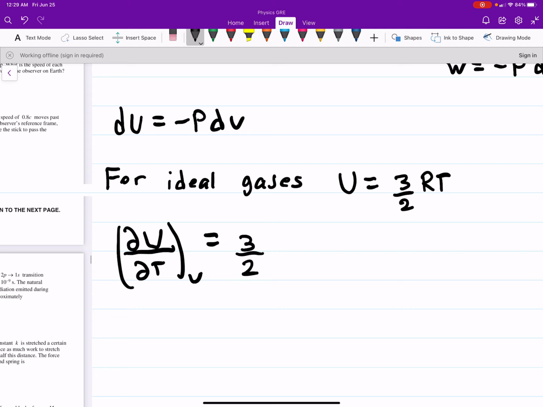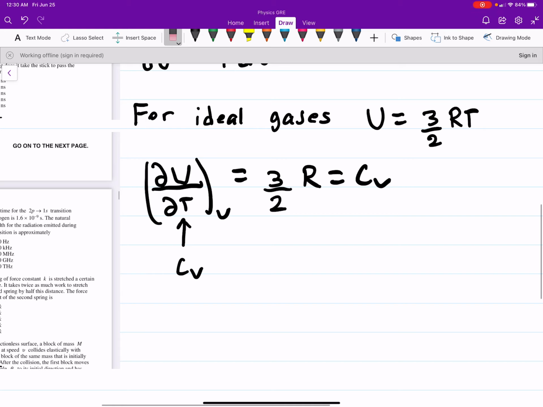That's just going to be 3/2 R, and this is your heat capacity at constant volume. This is the definition of your heat capacity, and we're keeping it at constant volume. In other words, dU equals Cv dT, if you can imagine multiplying over our differentials.